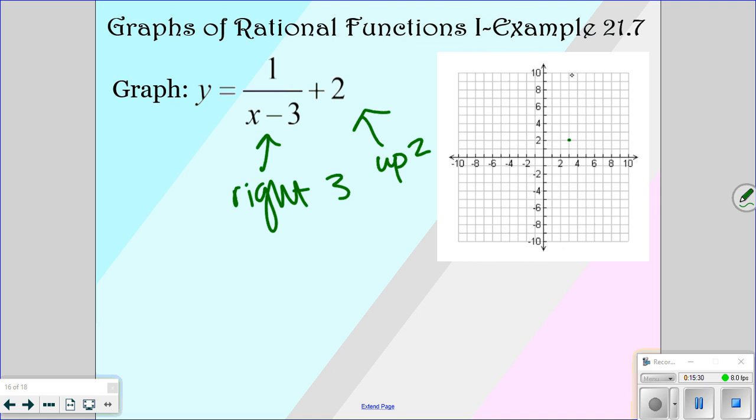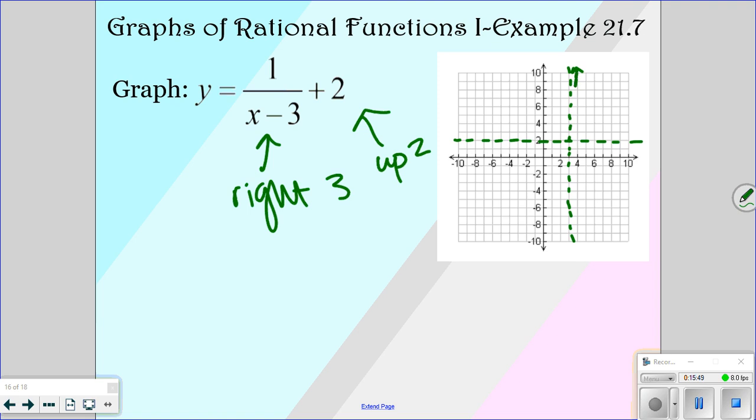And so we're going to have an asymptote here at 3 because it can't ever equal 3. And then there is technically a horizontal asymptote. We didn't draw it on the last one, but on this one I'm going to draw it so that I know what line to approach.